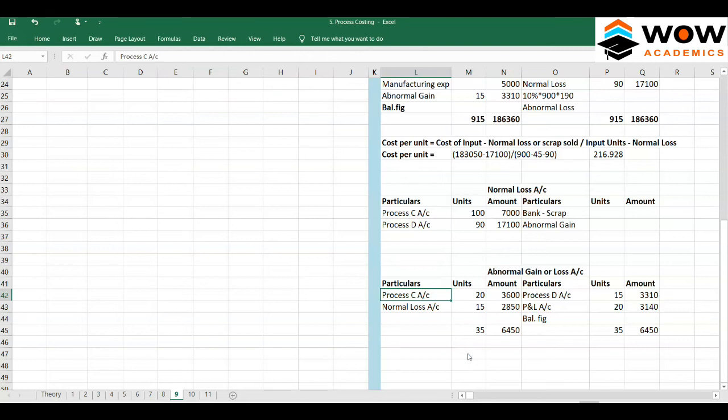The normal loss from here will go to this account. We can copy both, and this will go here. So the normal loss of process D gets adjusted with the abnormal gain from process D. The balance unknown will have to be computed.